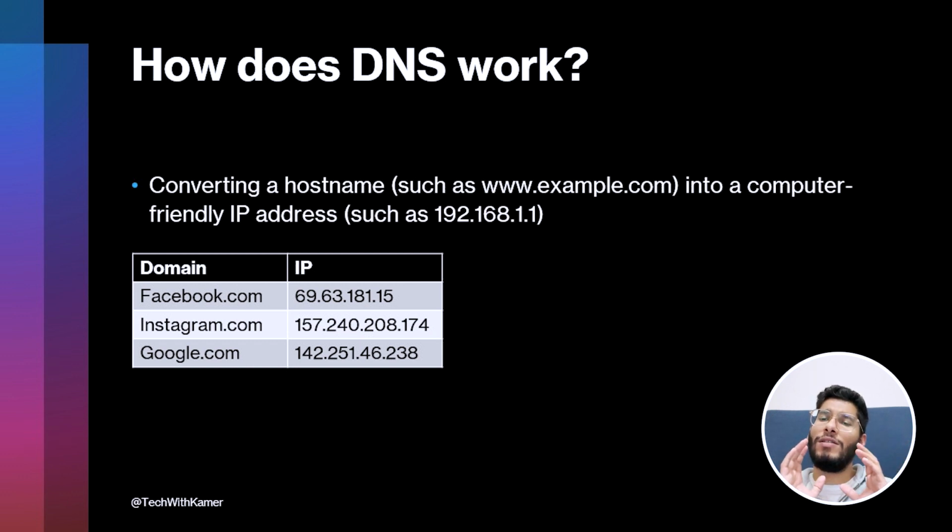So whenever you ask DNS, hey, I want to go to google.com, DNS will say, okay, where do you want to go? google.com. It will quickly check google.com in the database, and if it finds this entry, it will quickly return you the IP address. So now your browser directly connects to that IP address. This is how DNS works behind the scenes for any website that you visit.